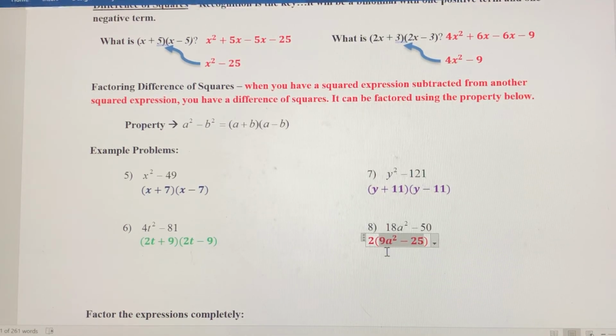Square root of 9a squared is 3a. Square root of 25 is 5. So when I factor that, the 2 is going to stay there. And then my factors for this difference of squares binomial here are going to be 3a plus 5, 3a minus 5. So this would be the answer, the complete factorization for this binomial, okay? And that's how you factor difference of squares.